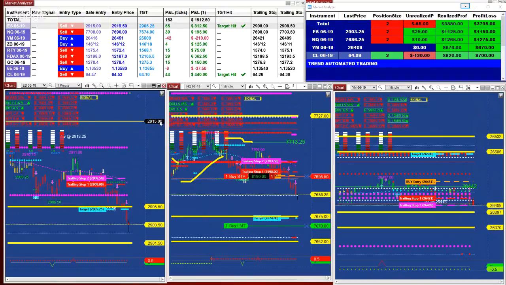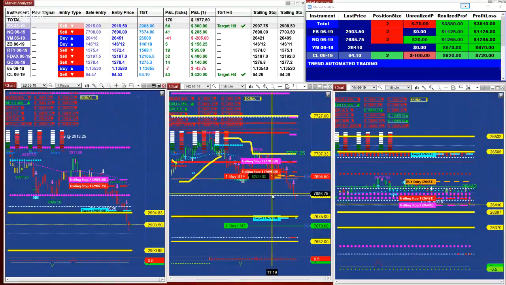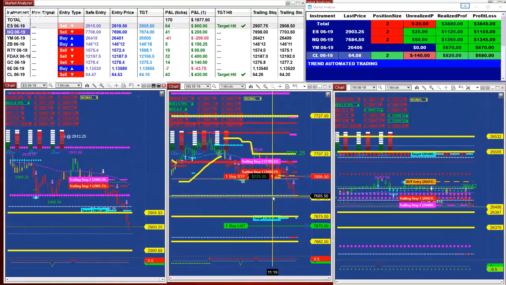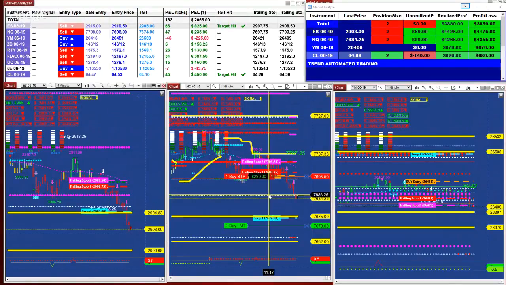We're about to have a new signal on the YM. Can you see, guys, how accurate those zones are? Look where the Nasdaq stopped, but it's going to break it. Don't worry.